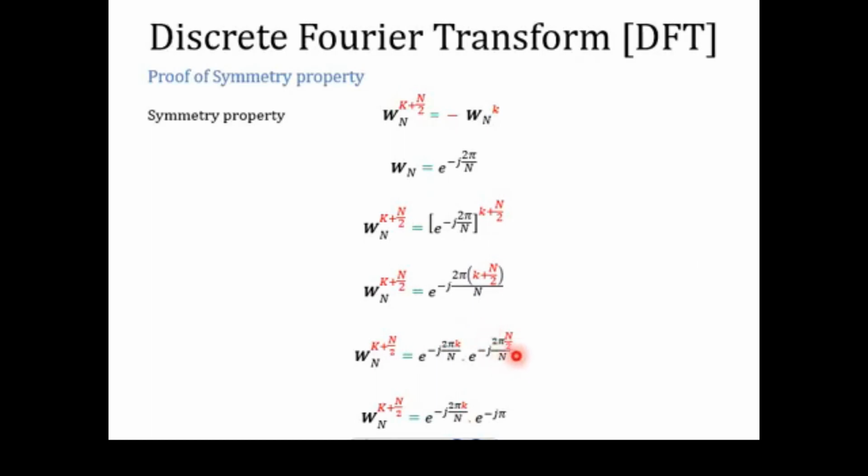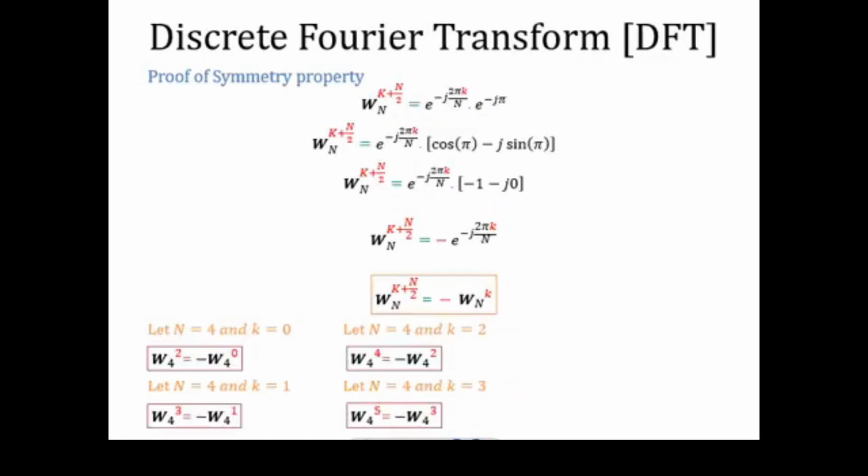On simplifying, we will get the second term as exponential minus j pi. And exponential minus j pi is equal to cos pi minus j sin pi, and cos pi is -1 while sin pi is 0.